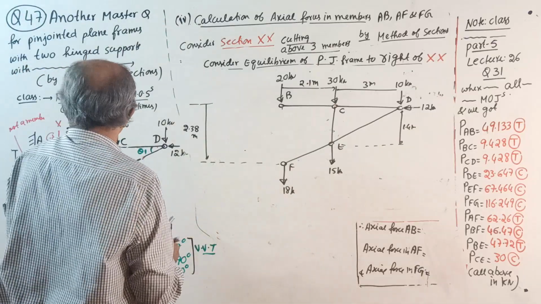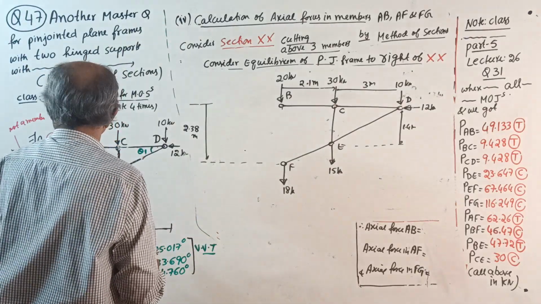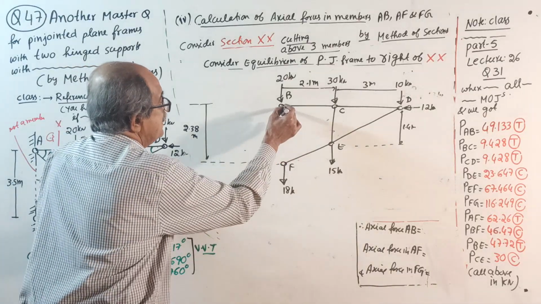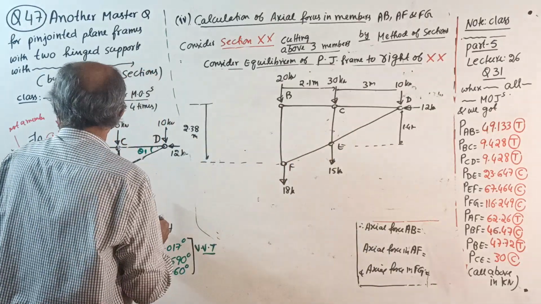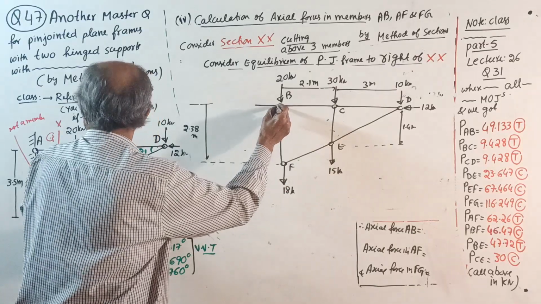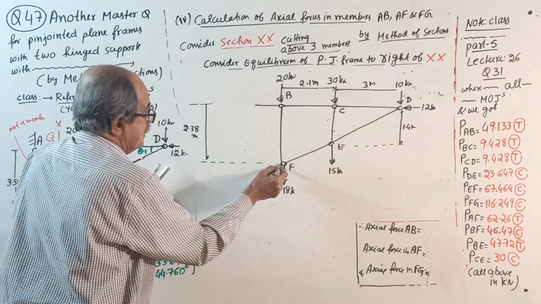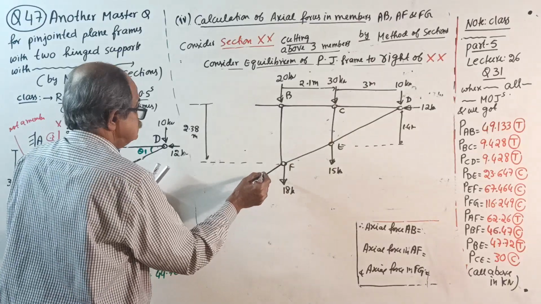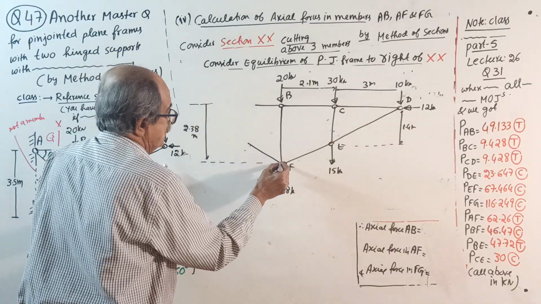Then your section goes how? Oh, this member is also intact. See, intact. Then a little this side, continue and continue. Okay, this way. See.